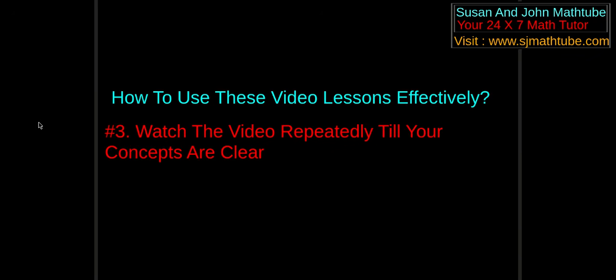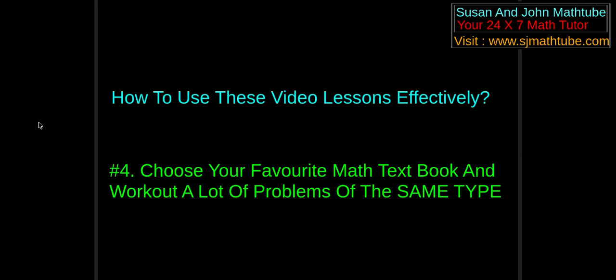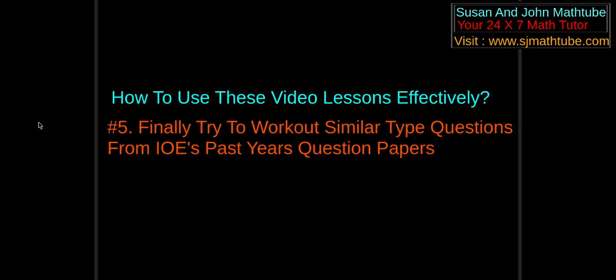Point number 4 is equally important: once you finish watching these videos, you must work out a lot of questions from any book you like. And finally, to test yourself, take the past paper questions and check whether you're able to do the questions by yourself.